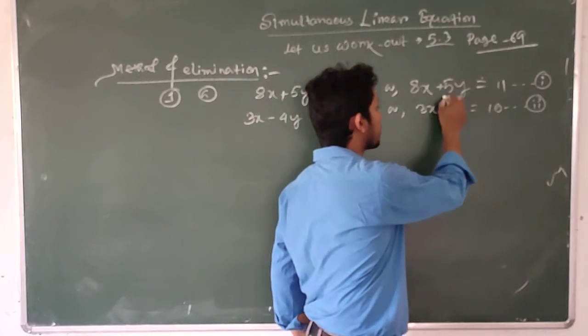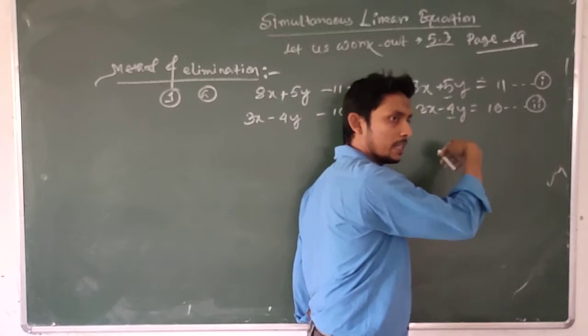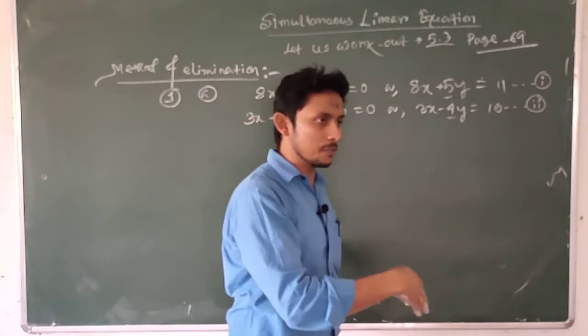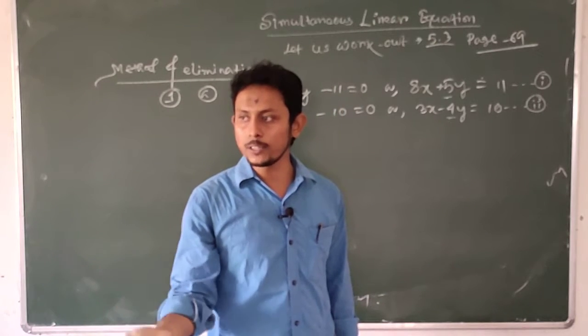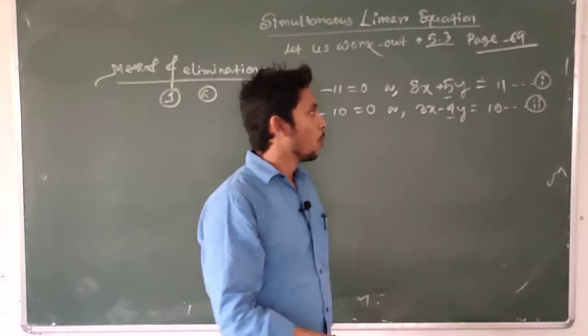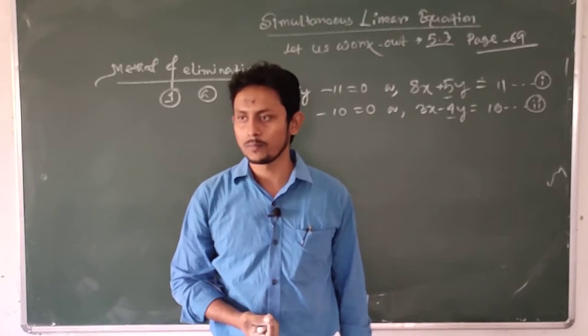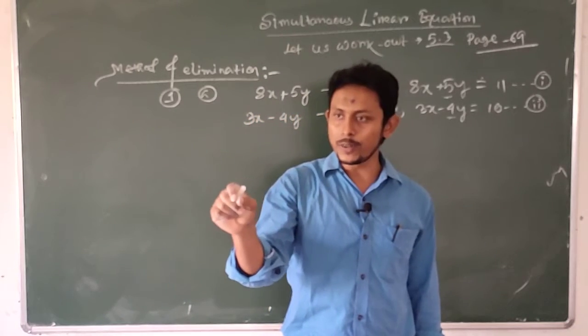If there was 5y in both, then both of them would be cut down right now, but they are not 5, they are 4. Then we can make the multiple of 5. So what is the multiple of 5? 20. Yes, and the multiple of 4 is also 20.